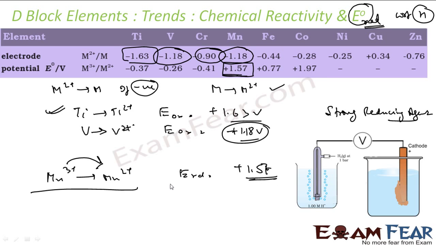So manganese 3+ is a good oxidizing agent. Please note, manganese 3+ is a good oxidizing agent, not manganese 2+. Right? Similarly, titanium and vanadium are good reducing agents, not titanium 2+ and vanadium 2+. Okay, so manganese 3+ is a strong oxidizing agent.